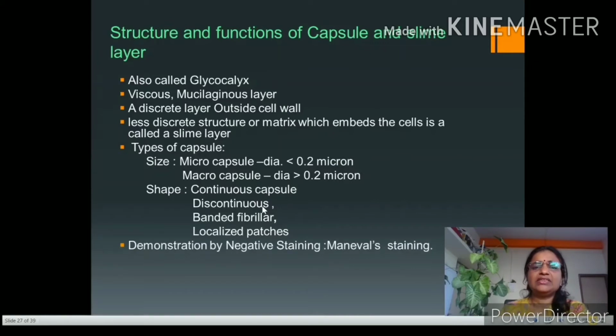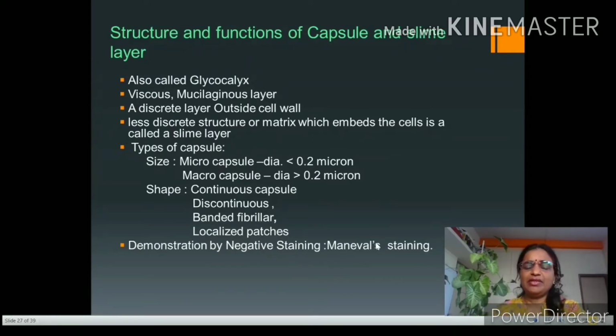Now these capsules are non-ionic in nature, or neutral. They do not carry any positive or negative charge, they are not acidic or basic, and that's why it is difficult to stain the capsule. But for the demonstration of capsule, one can use the principle of negative staining. By using negative staining, we can observe the capsule.